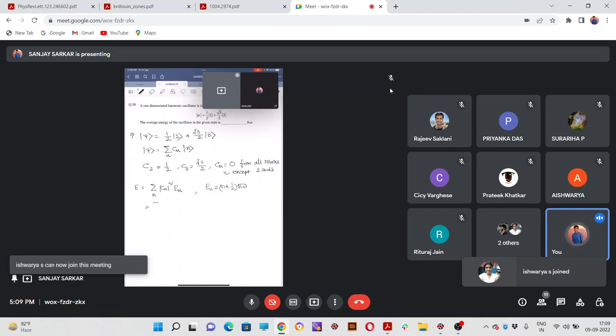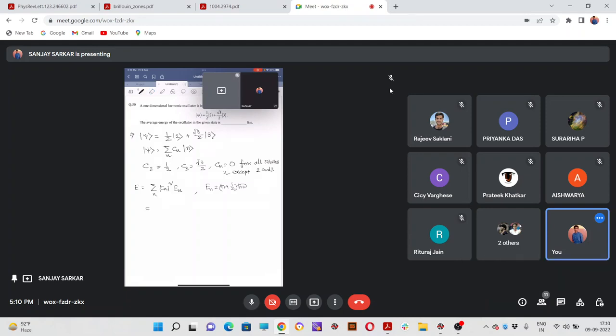So the average energy will be half square and 2 plus half for the second excited state, that is 2. The value of n is 2, so 2 plus half h bar omega, plus here C3 is root 3 by 2, so root 3 by 2 square into n is 3, so the energy is 3 plus half h bar omega.